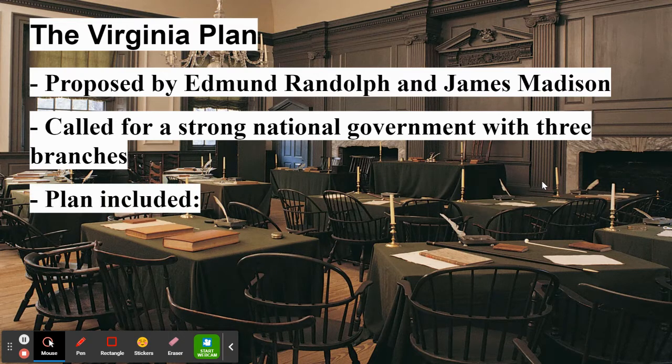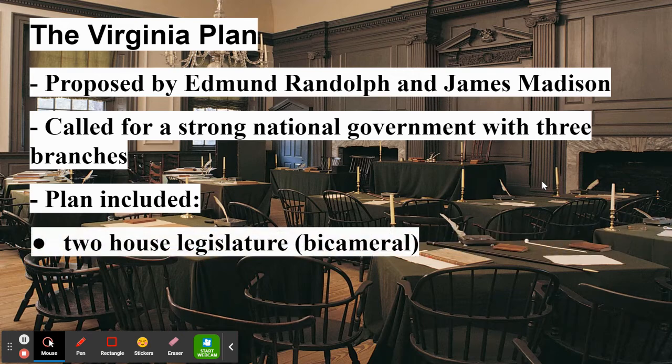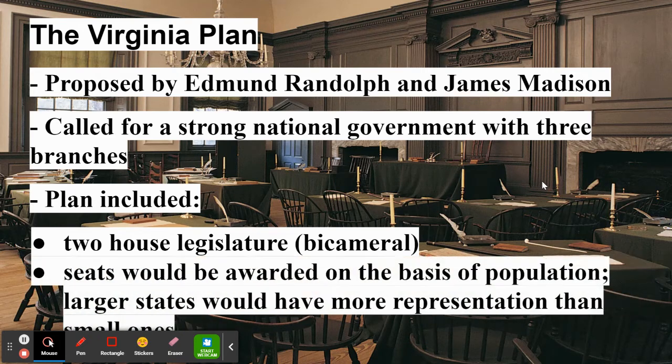The Virginia Plan also included a two-house legislature, which we call bicameral. And in this plan, representation in this legislature would be based on the population of the state. So again, in the Virginia Plan, representation in Congress would be based on state population.